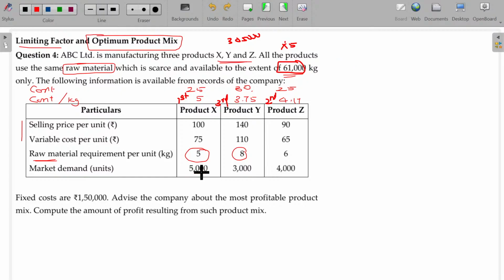Come on. Now I'm going to calculate the optimum product mix.